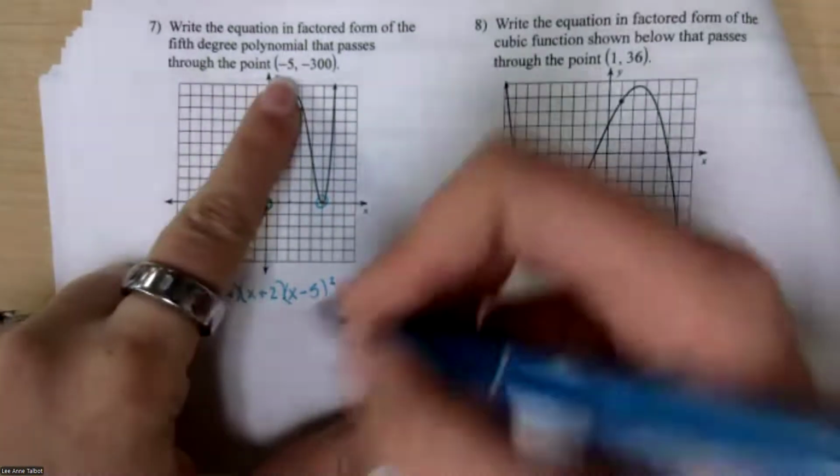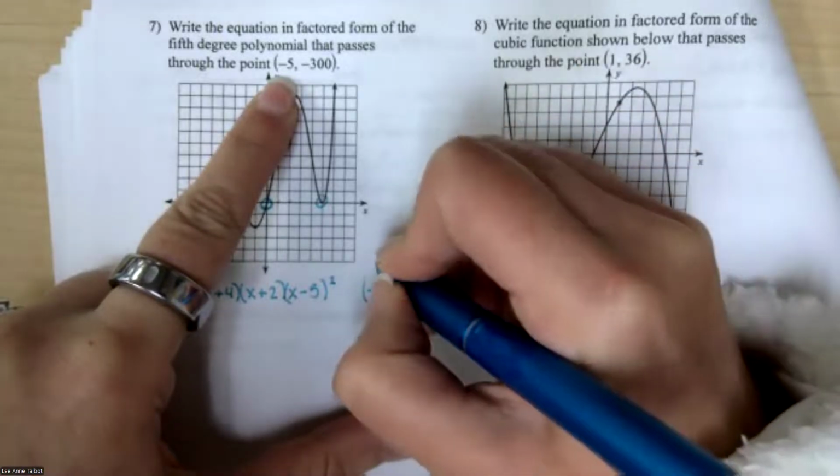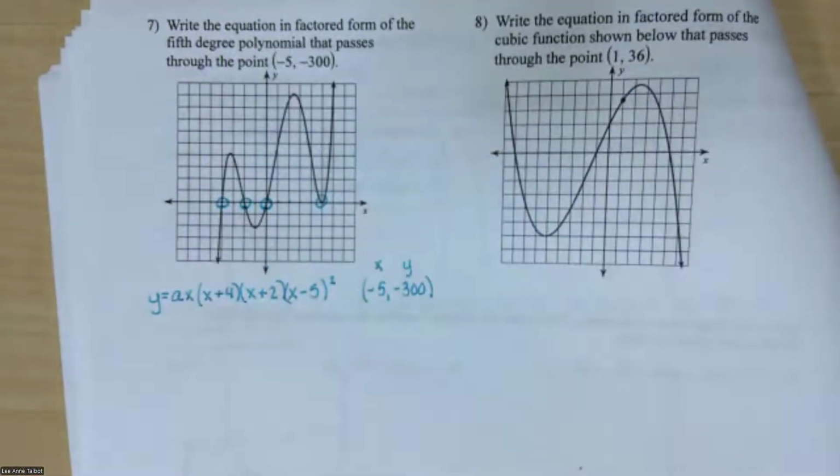Okay, and then they gave us this point, -5, -300, which is your X and your Y, and you're going to plug those in and solve for A.